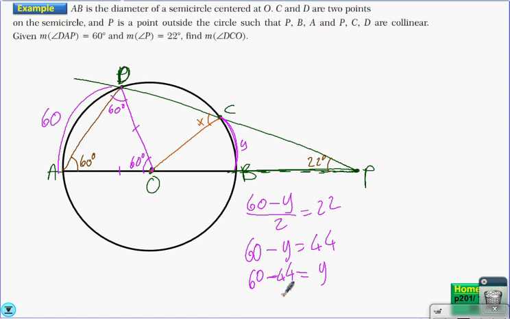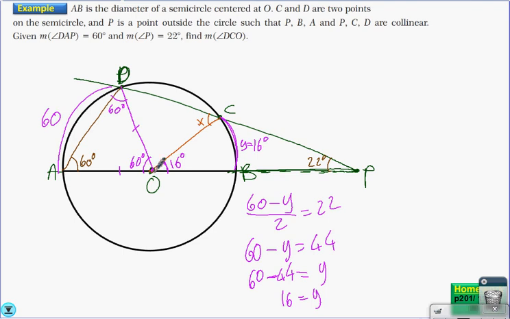It's going to be 20 and 16. So the arc y will be 16 degrees. If the arc y is 16 degrees, the central angle opposite to this arc will be 16 degrees also.